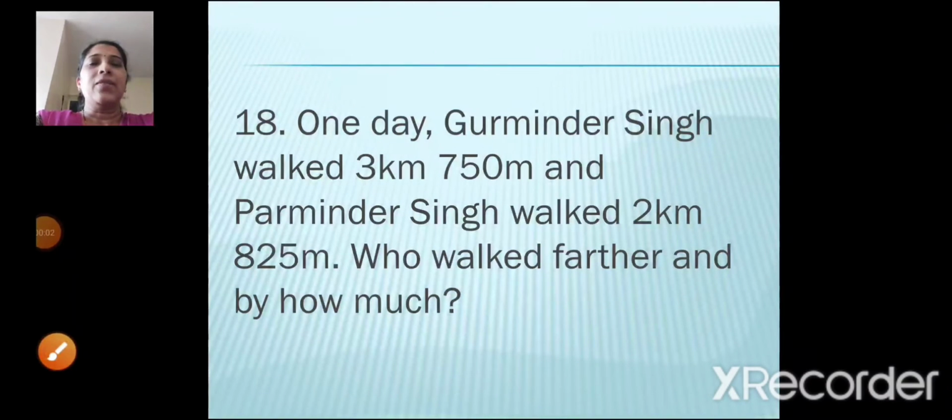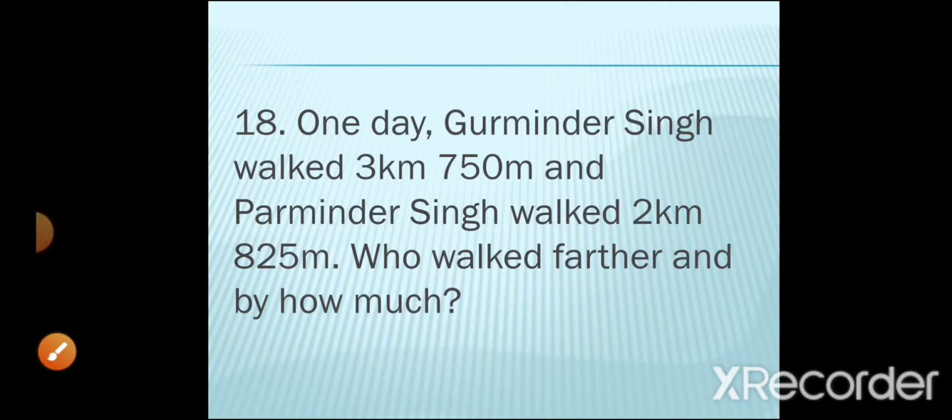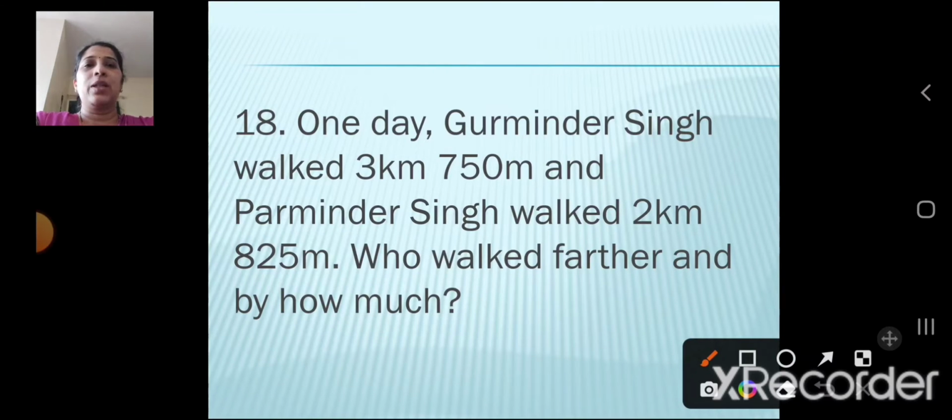So the 18th word problem is, one day Gurminder Singh walked 3 km 750 meter and Parminder Singh walked 2 km 825 meter. Who walked farther and by how much? So what is given in the word problem? Gurminder Singh, he walked how much kilometer? 3 km 750 meter.